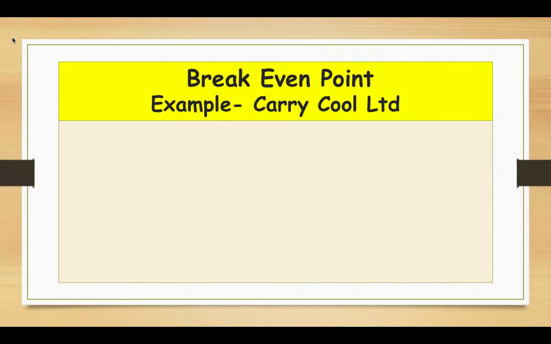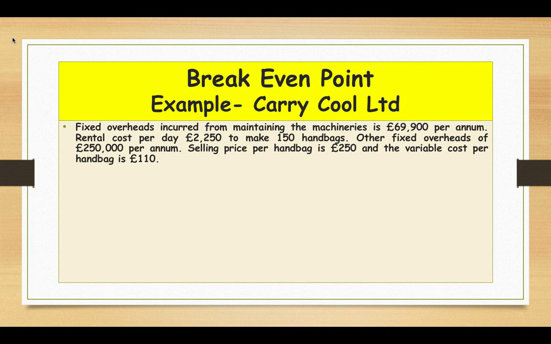We're going to have a quick look at the question. Fixed overhead incurred from maintaining the machineries is 69,900 per annum. So the company is planning to sell those machineries and hire them whenever they need it. The rental cost per day is 2,250 and in a day they can make 150 handbags.